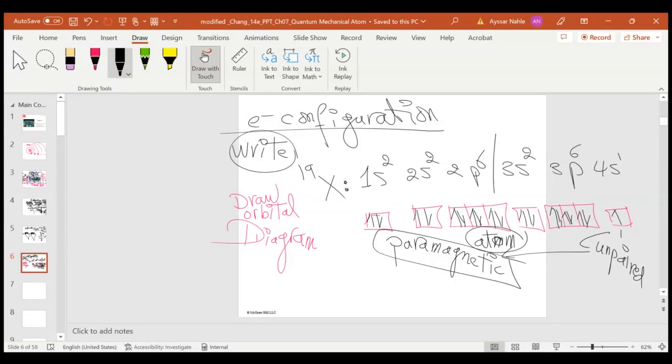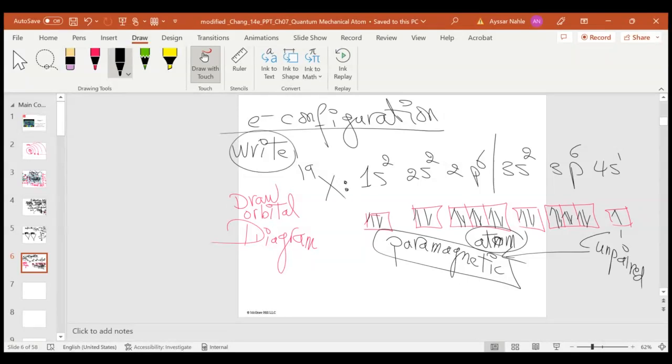What does paramagnetic mean? It means if I'm having the atom, and if I approach a magnet, this will be attracted to the magnet, and that's why we call it paramagnetic. The more unpaired electrons, the more is the attraction.